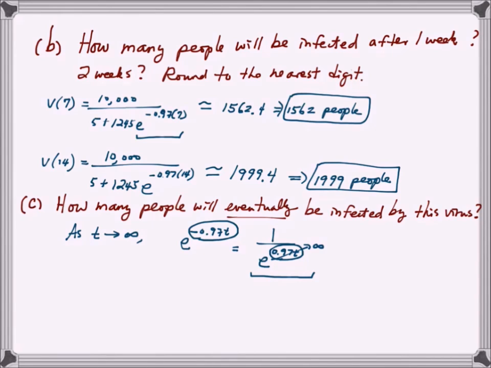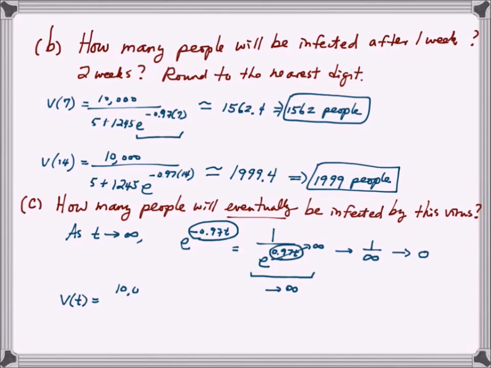This entire expression then goes to infinity as well. But because it's in the denominator of a rational expression, we actually have 1 over a very large number, which is equivalent to saying it goes to 0. The exponential portion of the function v of t goes to 0.